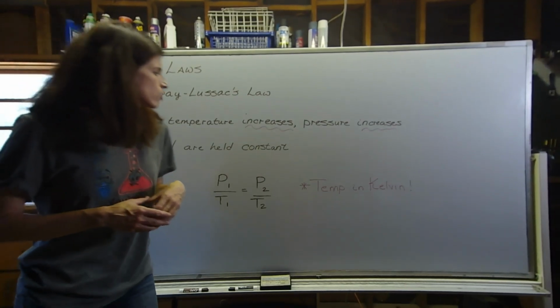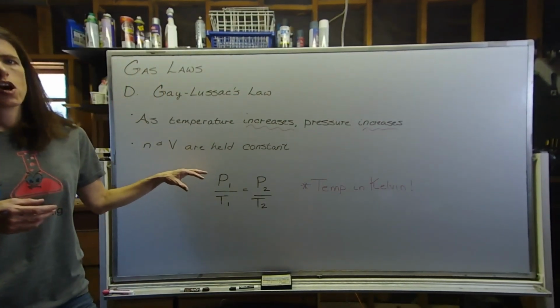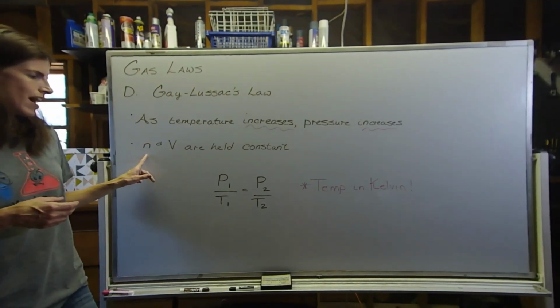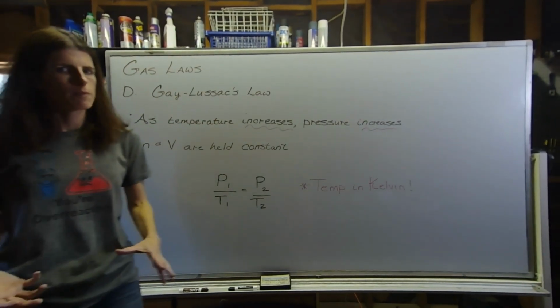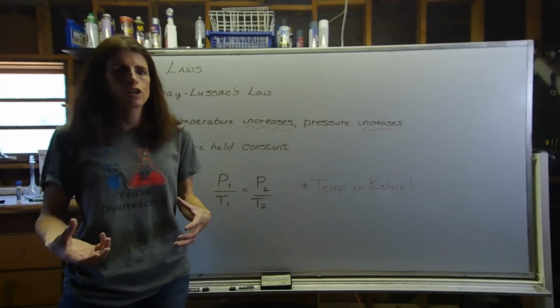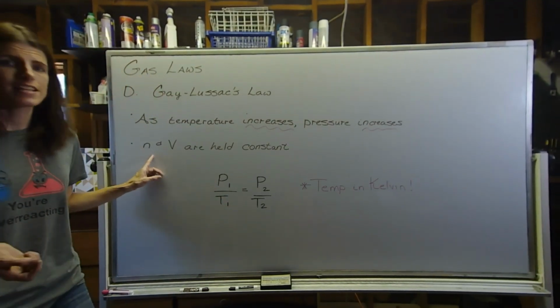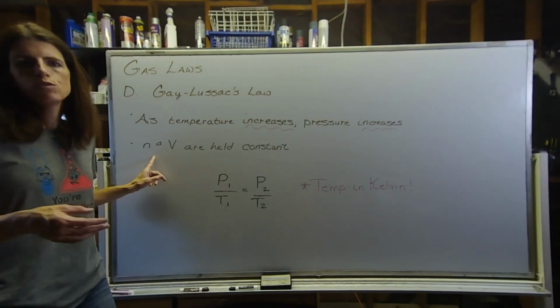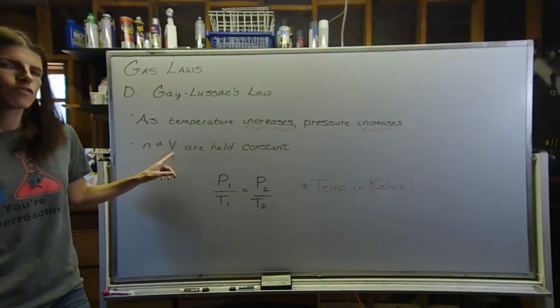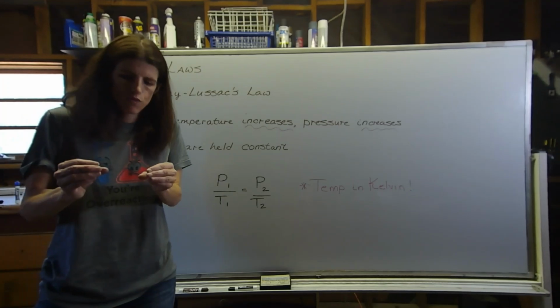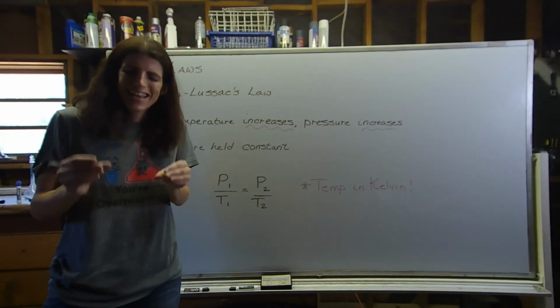When we do this law, n and V are held constant. So the amount of stuff has to stay the same and the volume has to stay the same. Just talking about the Instapot, the pressure cooker, we see that. n stays the same because you don't add food in the middle of the cooking process when you use the Instapot. The volume stays the same because if you've ever picked up one of those things, it weighs a ton.